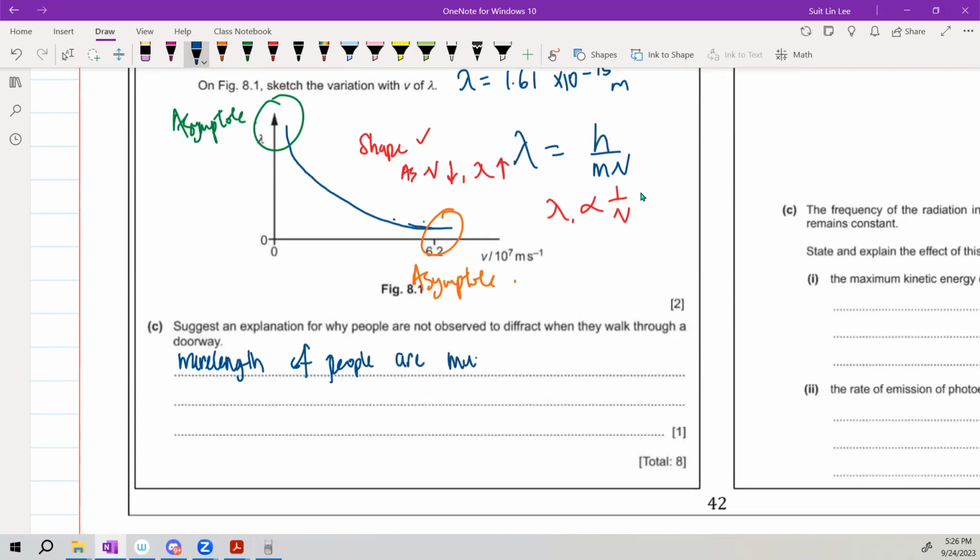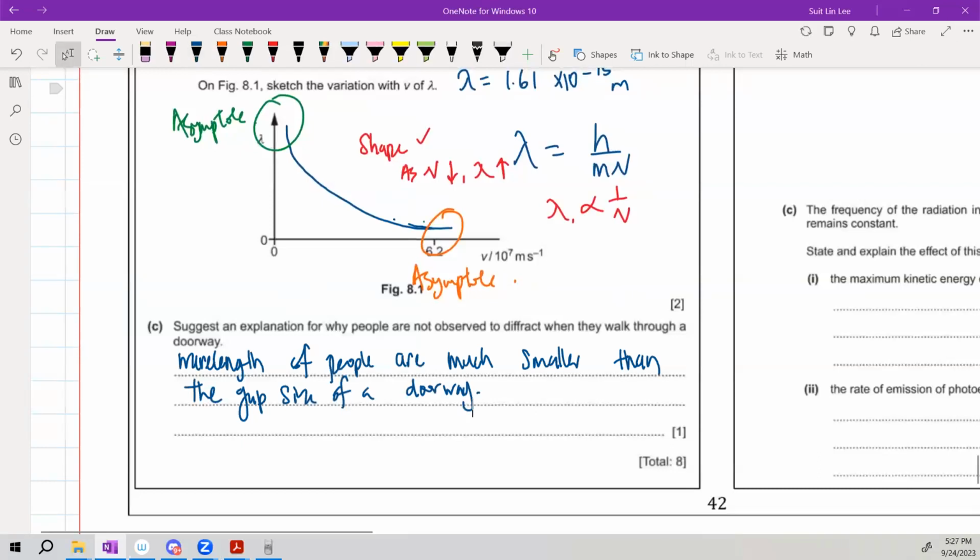are much smaller than the gap size of a doorway. It's not going to happen. It'd be cool though, don't you think?